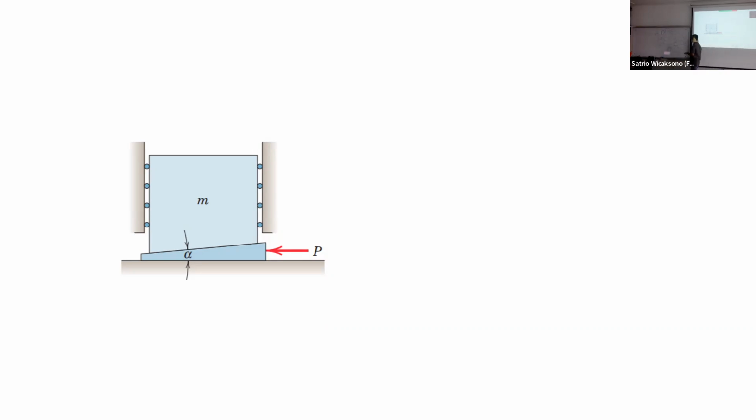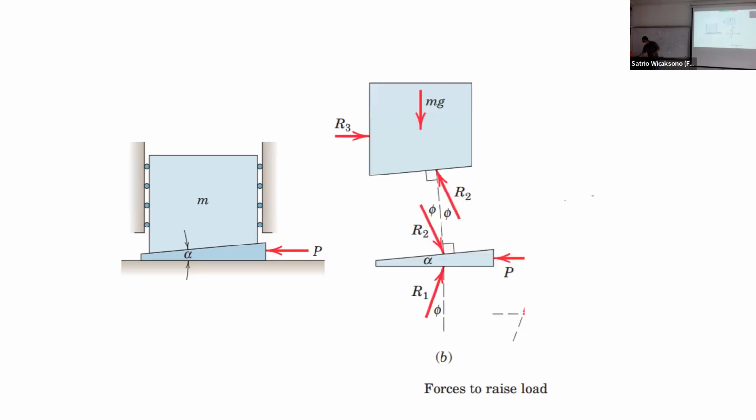For those who are at home, can you follow me? So this is the resultant force. You can see that R1 and R2. R1 is the resultant between Fg and Ng, R2 is the resultant between NW and FW.